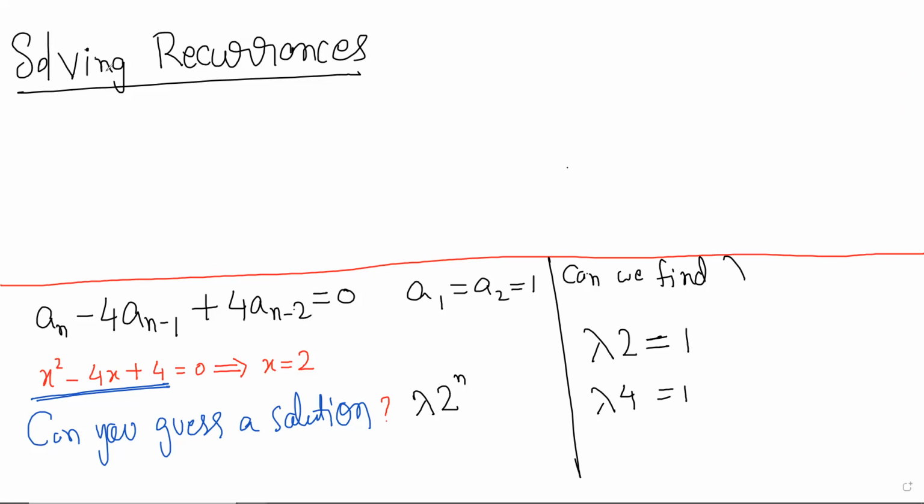Let's list down the values. What is the next one? -4.